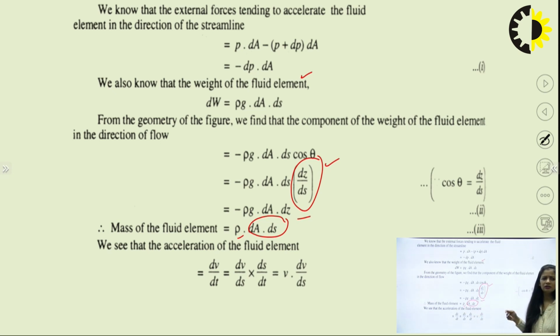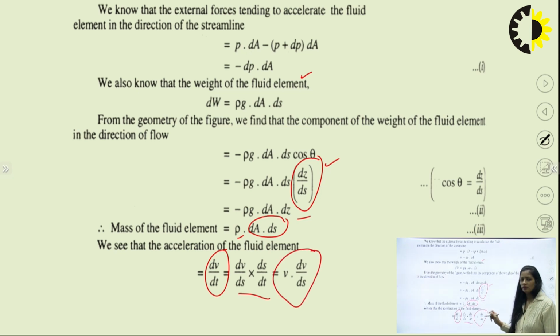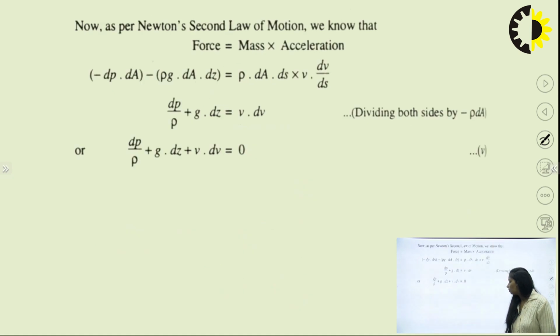Next we see the acceleration of the fluid element. The acceleration is dv by dt. Convert it in the form of velocity and the velocity gradient in terms of space, so you are going to get v dv by ds. Now just equate all the terms in the equation of force: force equals mass multiplied by acceleration.